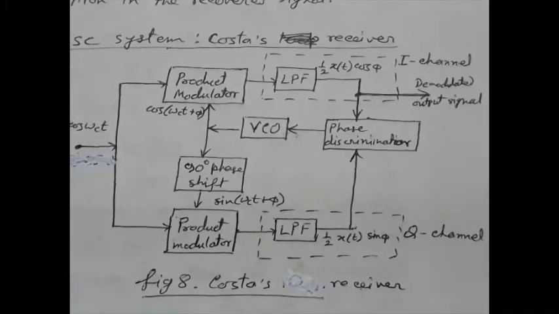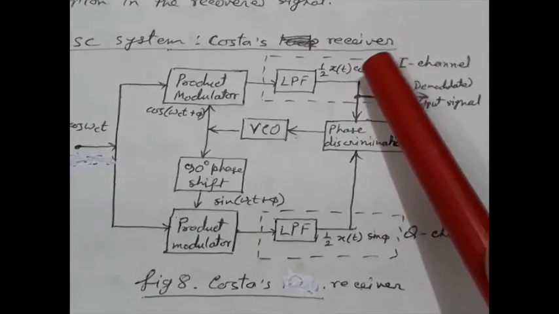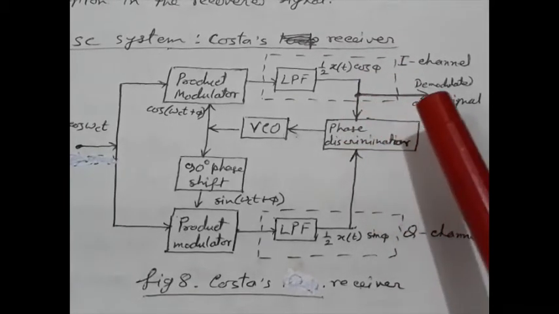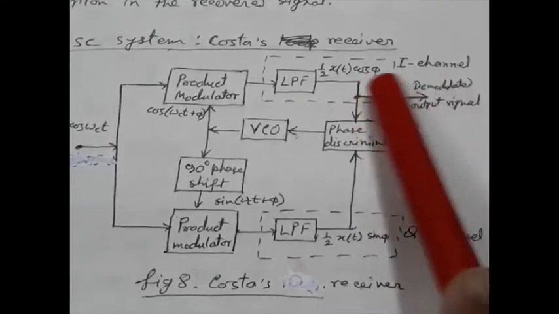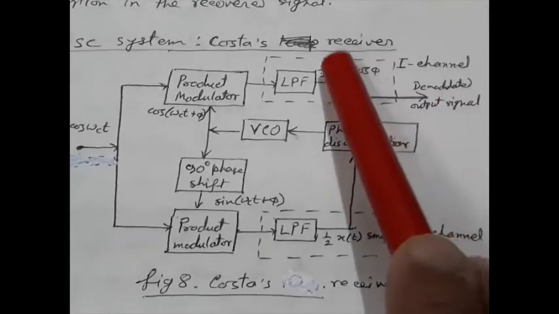The output of the I channel is the desired modulating signal, because phi equal to 0 means cos phi equal to 1. So the demodulated output will be proportional to x(t).